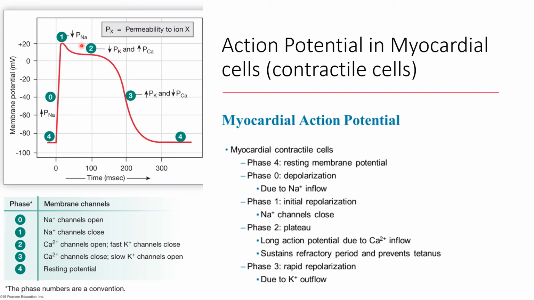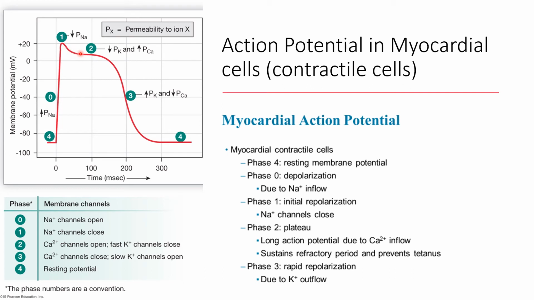Then a bunch of potassium channels, we refer to them as fast potassium channels, are going to open, where potassium is going to start to leave the cell, causing repolarization. So as you can see right here, the graph is dipping downwards because repolarization is beginning.